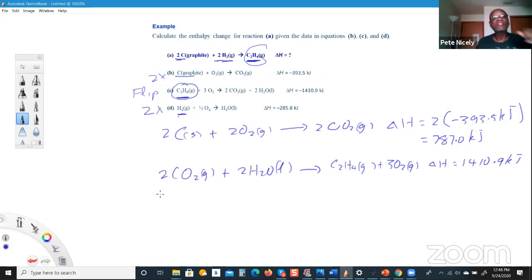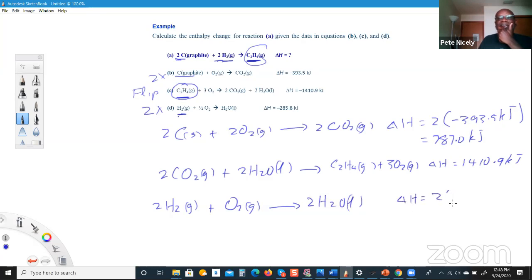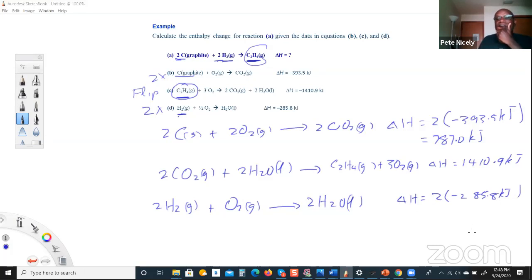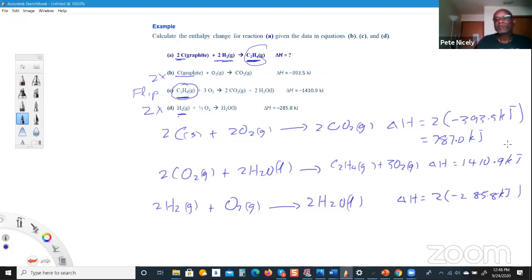So when I multiply that equation by 2, I'm going to get 2H2 gas plus O2 gas to give 2H2O liquid, and delta H here will be equal to 2 times minus 285.8 kilojoules.